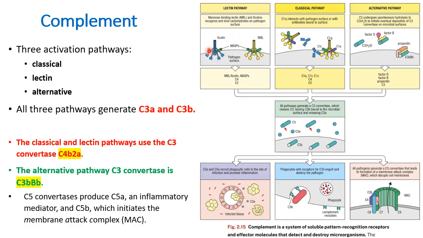So this guy here is ficolin. Then you also have the mannose binding lectin. So they have those legs. They are ready to bind to patterns that they can recognize. So we're talking about those pathogens, the PAMPs, right? So they're floating around and they are inactive.